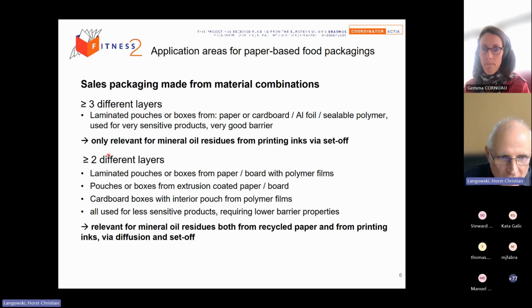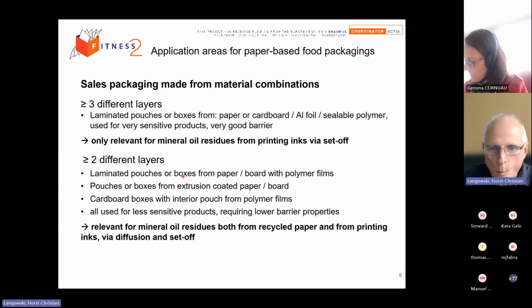We have other packagings with about 2 different layers, for instance, laminated pouches or boxes where paper and board is laminated to polymer films. It can be coated to polymer films by extrusion coating or by blade coating. And we can also have cardboard boxes where we have an extra interior pouch, which is also very popular.